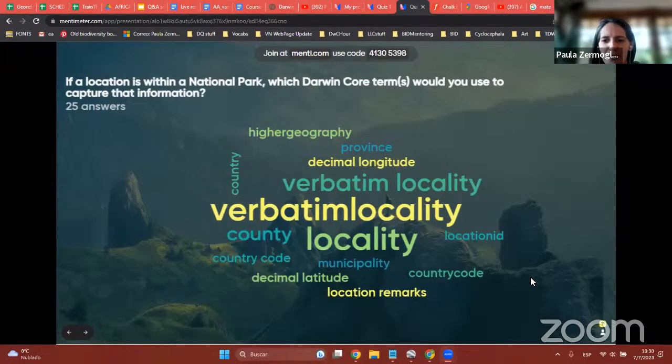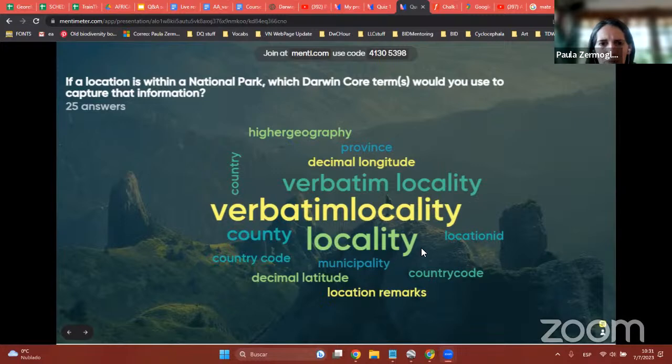We have quite a variety of answers here. Okay, we'll wait a little bit more. But so far, the most voted one is verbatim locality. We have two variants of verbatim locality here.